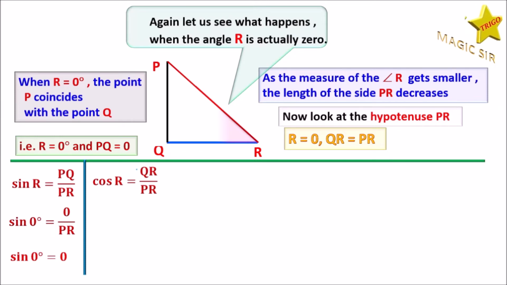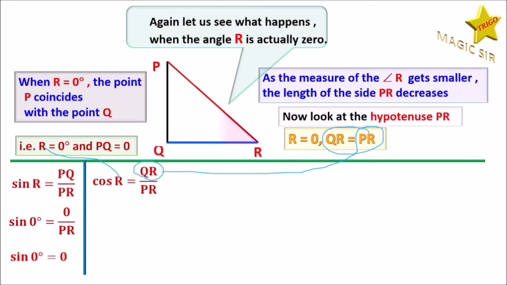Now by definition, cos R is equal to QR upon PR. But we have R equal to 0 and QR equal to PR.